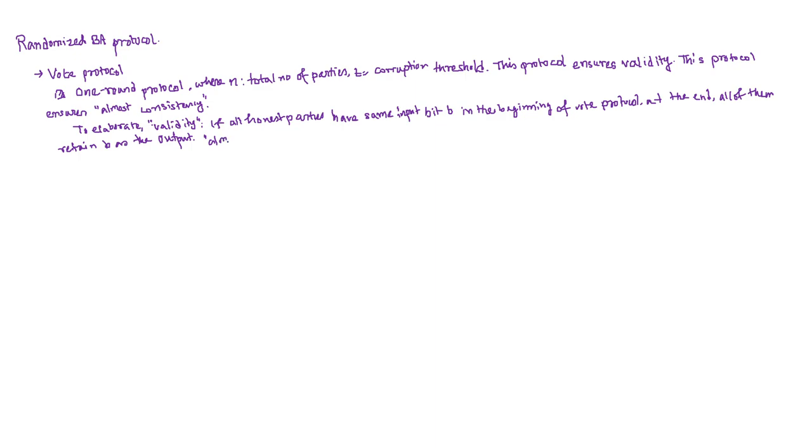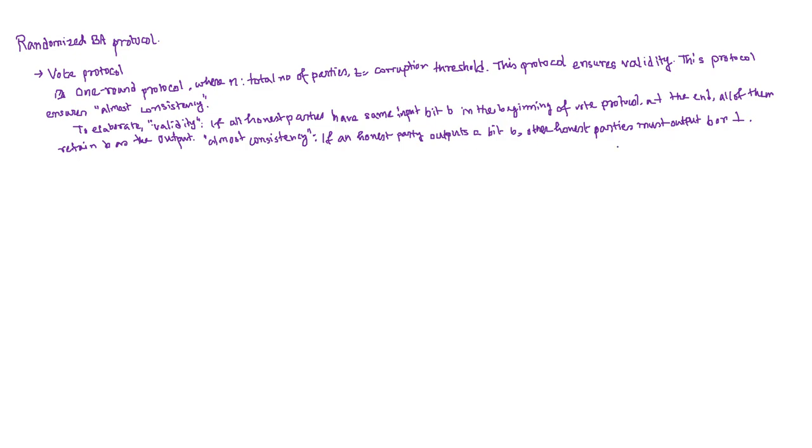And for almost consistency, what I mean is that if an honest party outputs a bit B, then other honest parties must output B or bot.